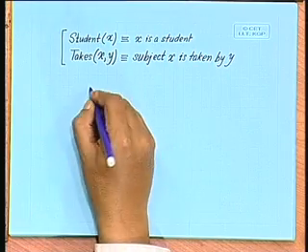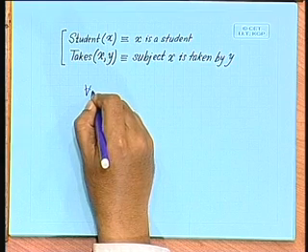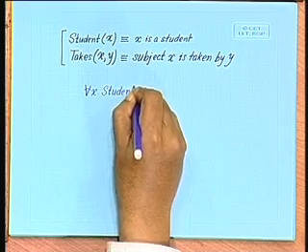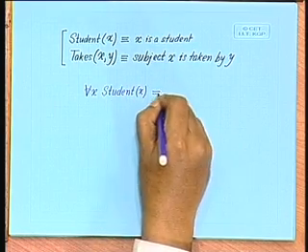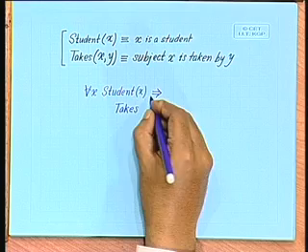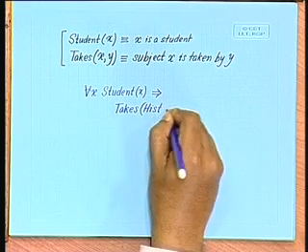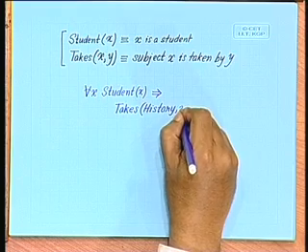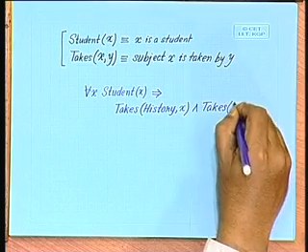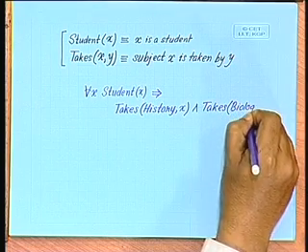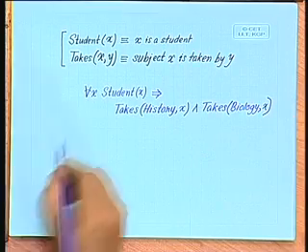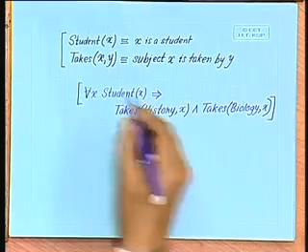So, if we want to write all students take history and biology, then we will write for all x, student x implies takes x history and takes x biology, and then put a negation outside the whole thing.